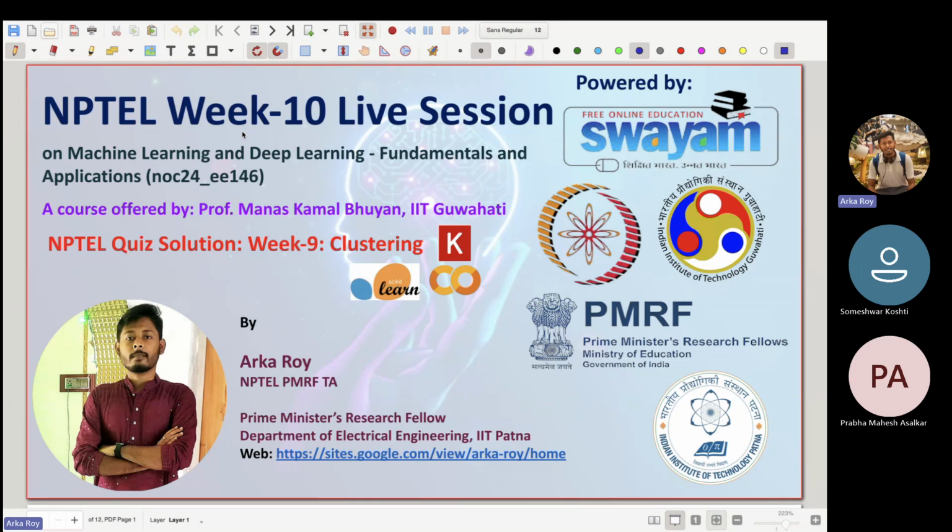One was, in the last week, we have seen the strict k-means clustering. In this particular week, we first started with the fuzzy k-means clustering. In case of strict k-means clustering, or the standard k-means clustering, you had seen that at the inference time, the data point can belong to a particular data group.